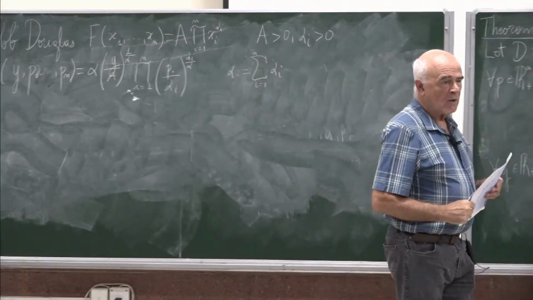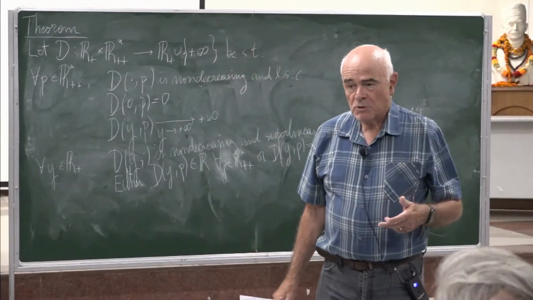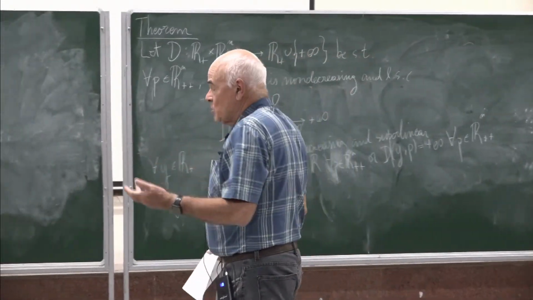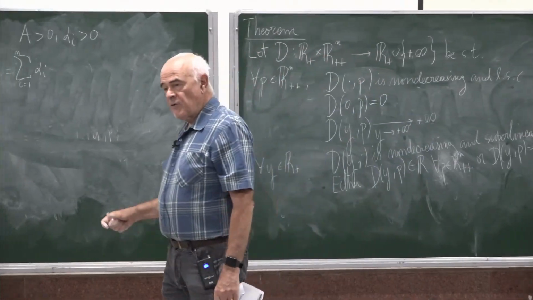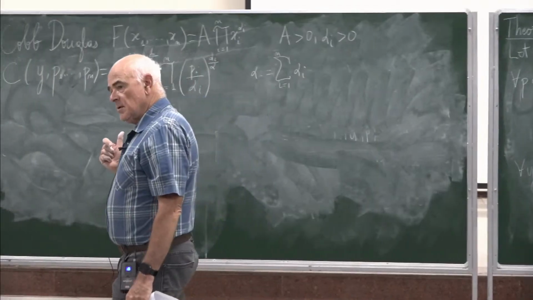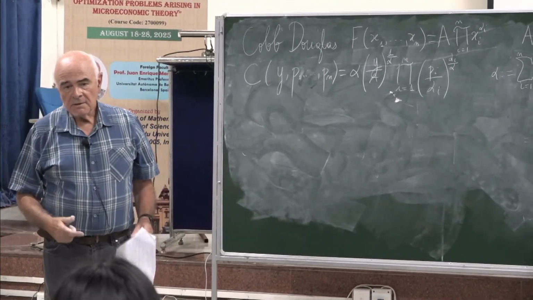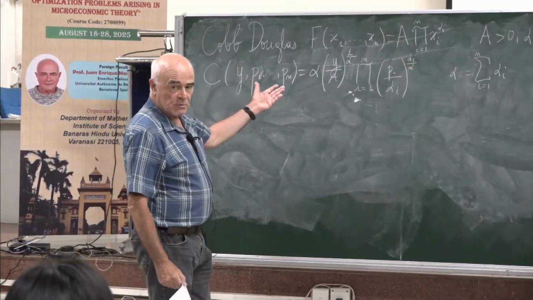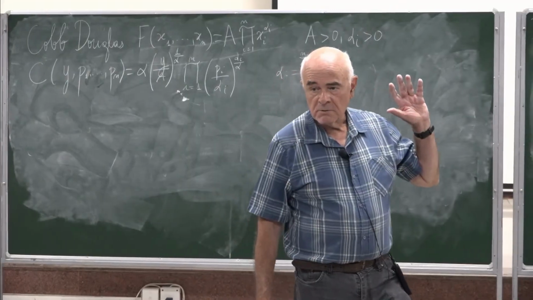We could try to apply the preceding construction. I mean, this is a cost function, so it satisfies all these properties. So if I define f as in the previous proof, then that f will produce this cost function. It doesn't mean that it would be the Cobb-Douglas function.